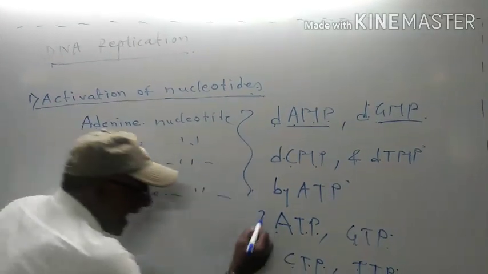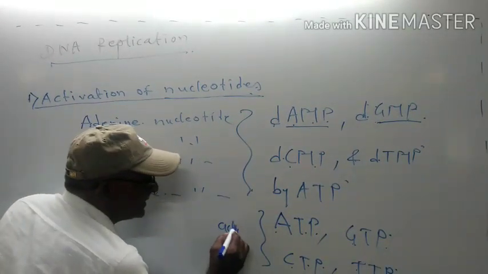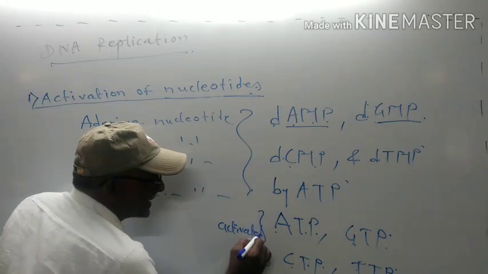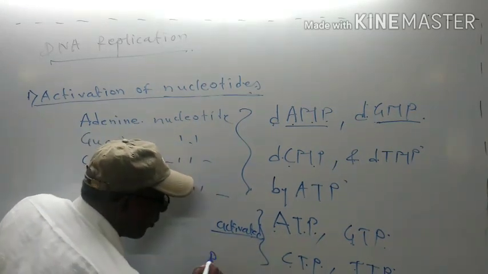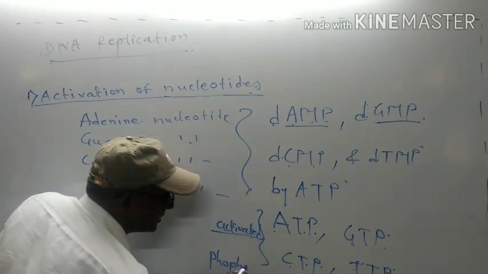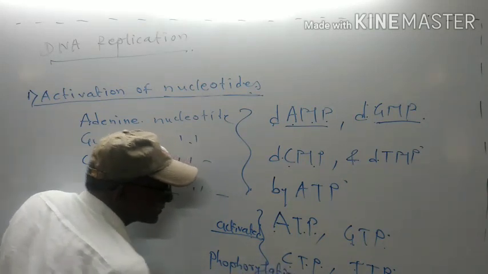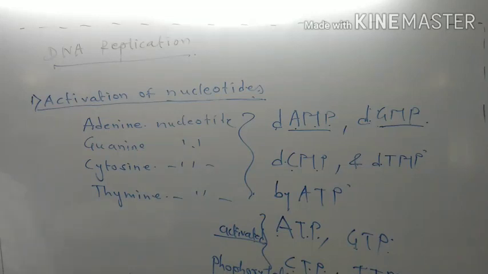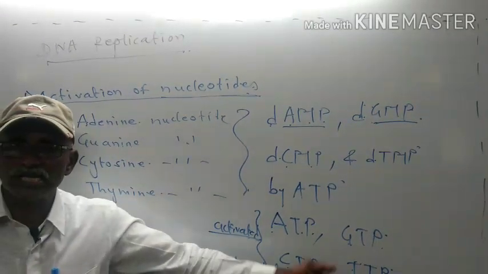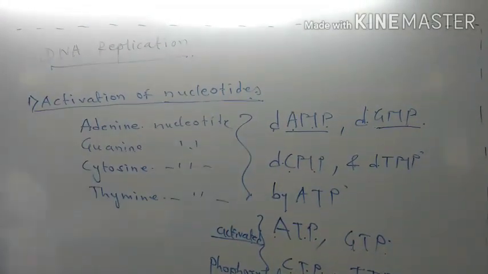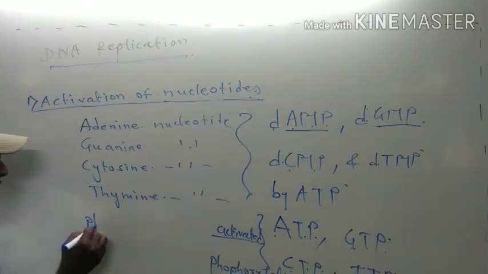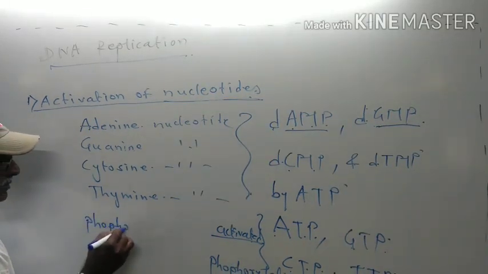This is the activated stage, and this is called phosphorylation. Which enzyme helps this process? Phosphorylase.